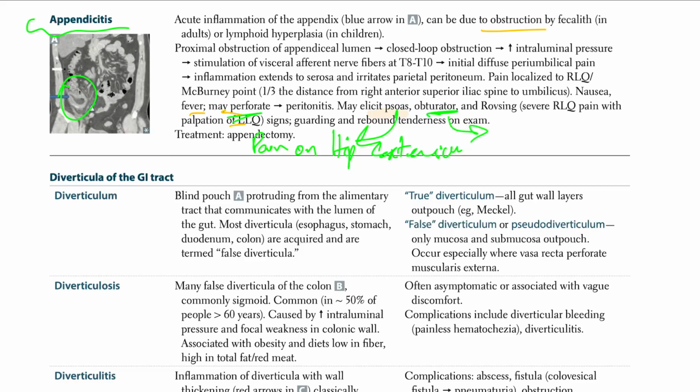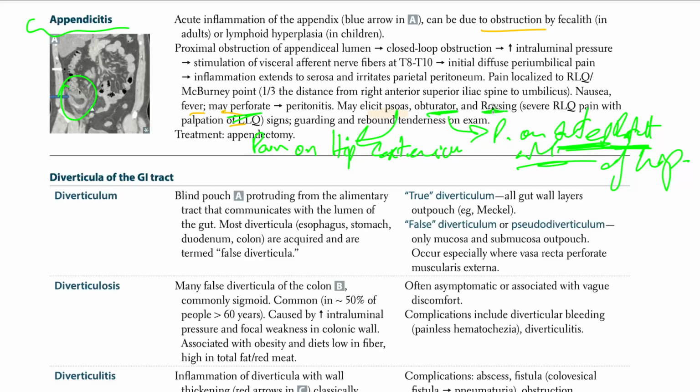And the obturator sign is pain on internal rotation of the hip joint. The mechanism is that the obturator internus muscle gets in contact with the inflamed appendix, and it causes pain.